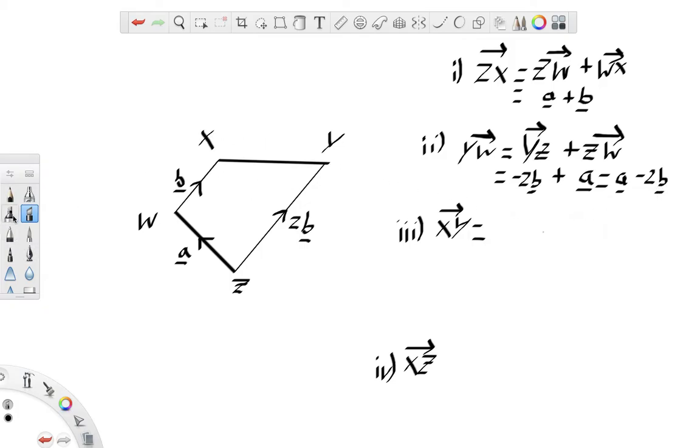Then we've got the route X to Y. Can we go that way? Well, no, because we don't have a vector that defines that route. So we've got to find an alternative route.